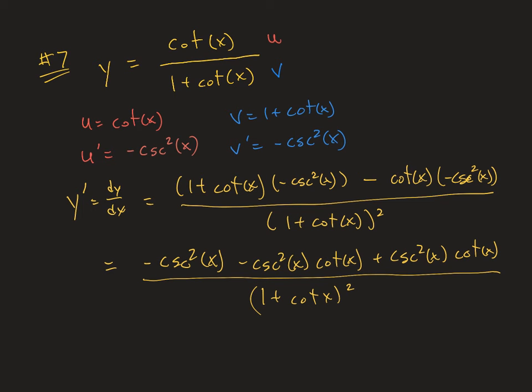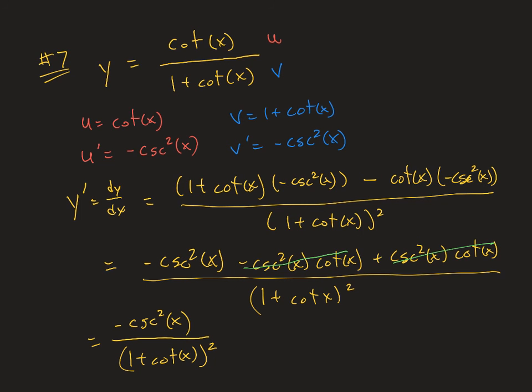So just by doing a little simplification here, the negative and the positive cancel. And we end up with negative cosecant squared x over 1 plus cotangent of x quantity squared. And we're going to call that good for this derivative.